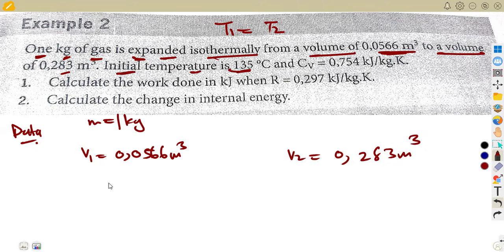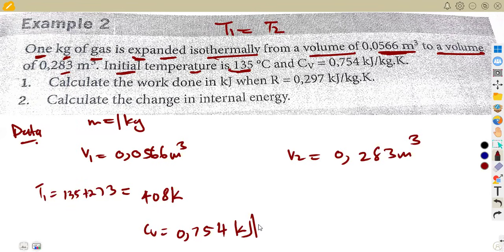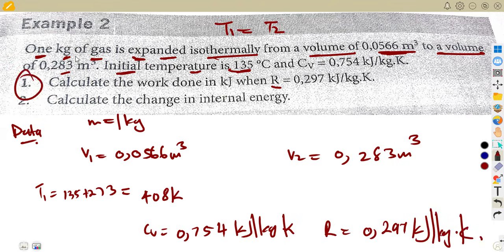Initial temperature is, that is initially we were at 135, then we add 273, and that is going to give us 408 Kelvin. The CV, that is at constant volume, the specific heat capacity is 0.75 kilojoules per kilogram Kelvin. So that is what we have. So given that our R is equal to 0.297 kilojoules per kg Kelvin, calculate the work done in kilojoules, not kilojoules per kg, but in kilojoules.